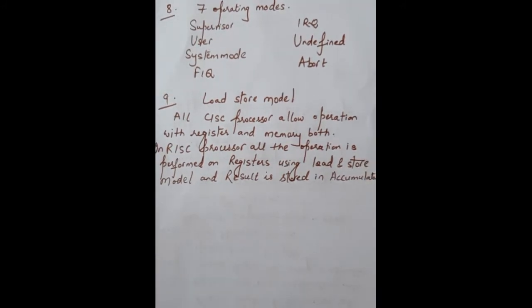In a CISC processor, all the operations are performed on registers as well as in memory. But in a RISC processor, the operations are mostly performed on registers. So load and store instructions are used to load data from memory into registers, and to store data from register to memory. So the result will be stored in the accumulator.